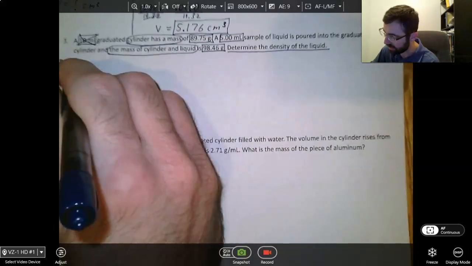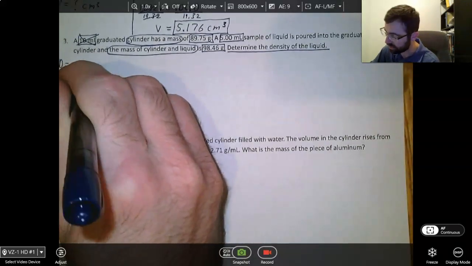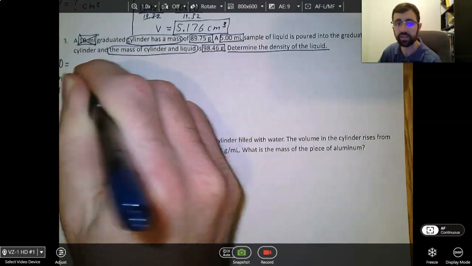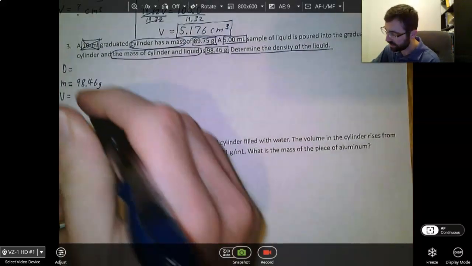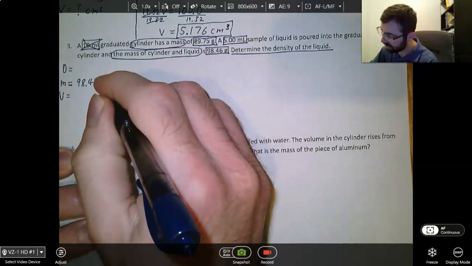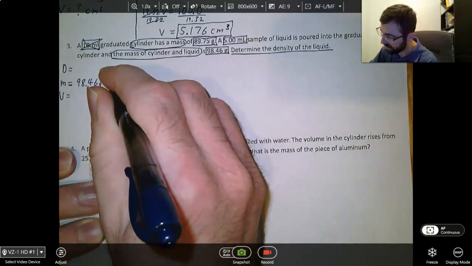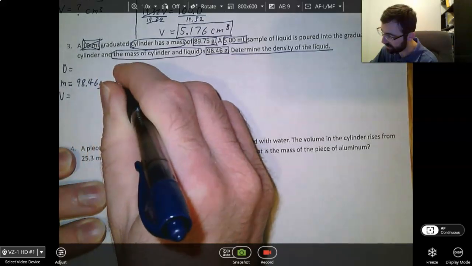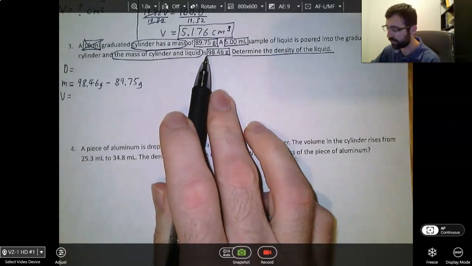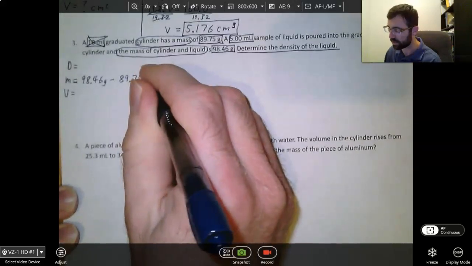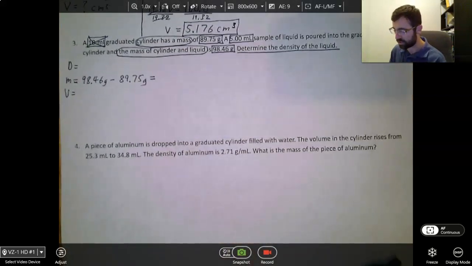We have 98.46 grams. That's the mass of both the liquid and the graduated cylinder, minus 89.75 grams. That's the mass of just the cylinder by itself, and if we got the difference between those, we would know the mass of just the liquid.